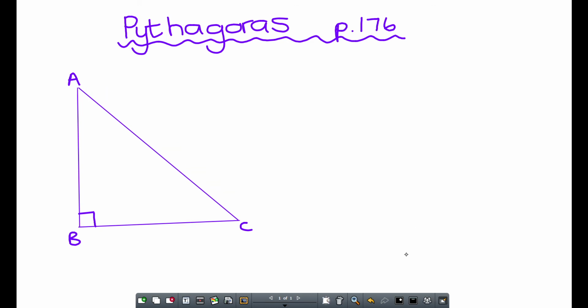Now, when we work with Pythagoras, we are going to talk about the hypotenuse. Which one of these sides would be the hypotenuse? AC. Yes. The hypotenuse is always the side across the 90 degrees angle. So that AC will be my hypotenuse.